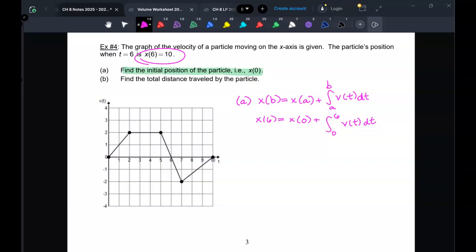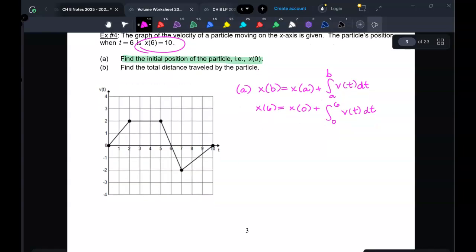So if I'm trying to figure out the initial position, I can figure out the position at 6 and subtract that displacement. And we're going to use the graph. So x of 0: what was the position at 6? 10. Minus, okay, what do we have here?